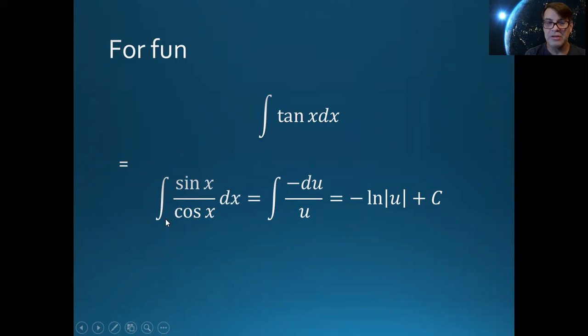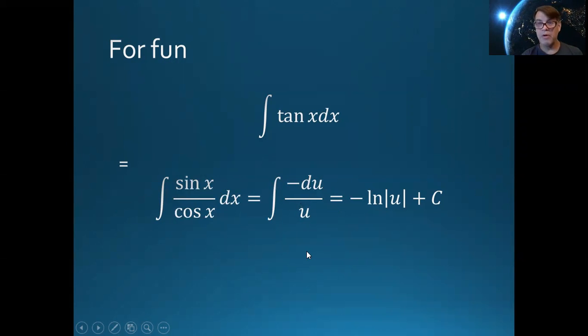We're going to let cosine of x be u. So the derivative of the cosine of x is the negative sine of x. So if cosine of x is u, then sine of x is negative du/dx. And so the dx's cancel out, and we're left with the integral of negative du over u.